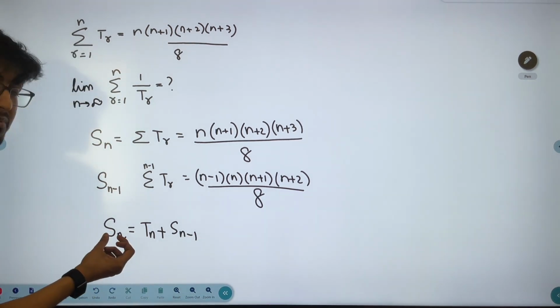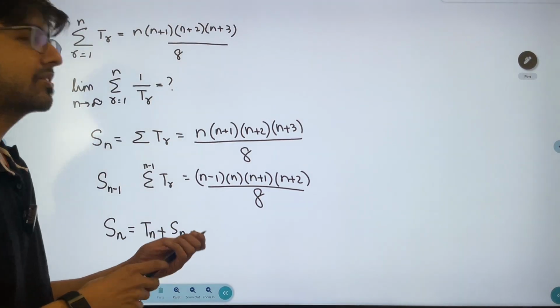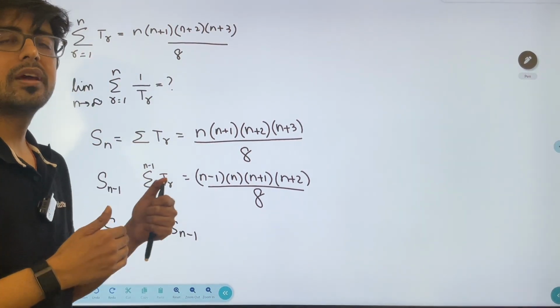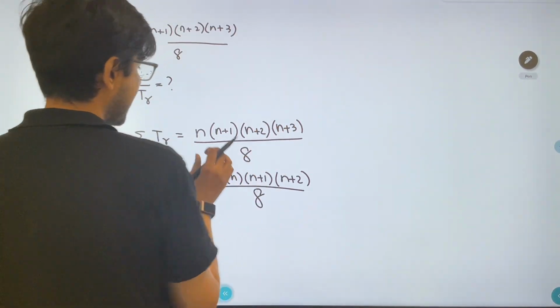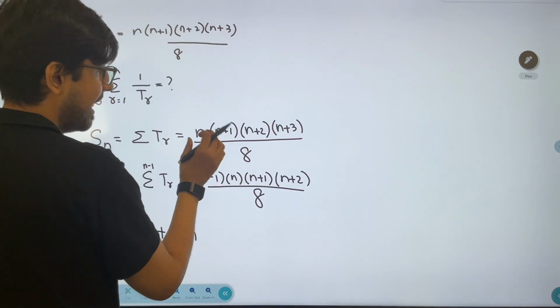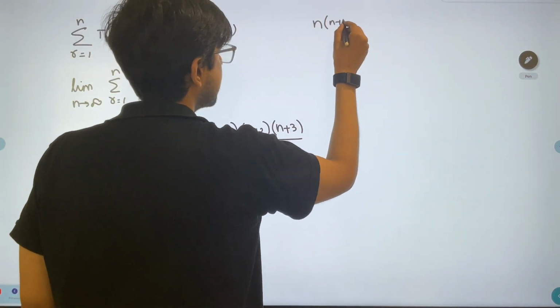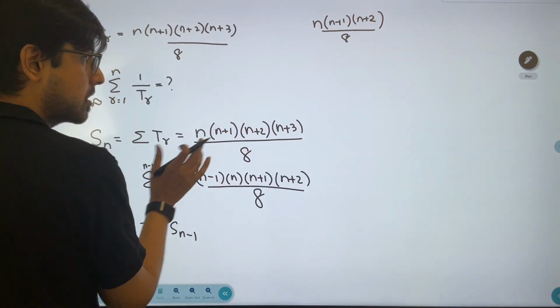So if I subtract Sn minus 1 from Sn, I will get the nth term. And this is a concept that is widely used when you are given the summation of terms in a series. Let's quickly do that. N, n plus 1 and n plus 2 are common, so I'll take n, n plus 1, n plus 2 by 8 out when I'm doing the subtraction.